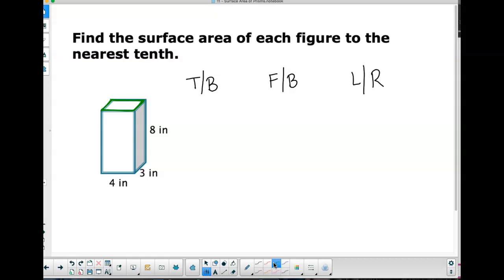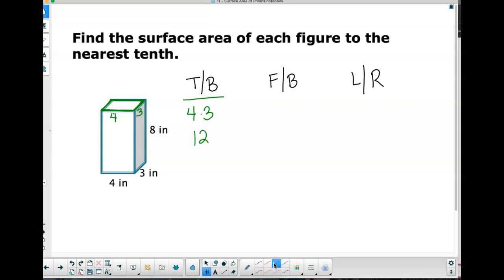What numbers would be on the top of that? Caleb? 4 and 3. So for top and bottom, I'm going to do 4 times 3, which is 12.